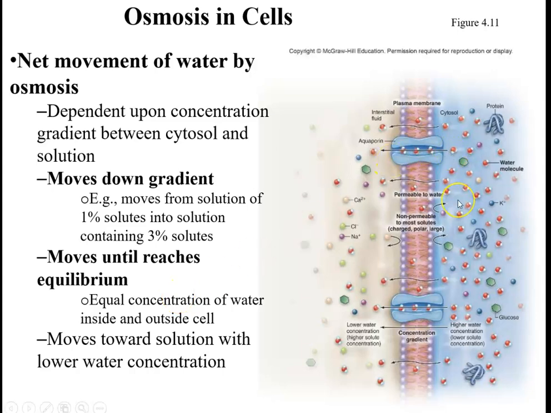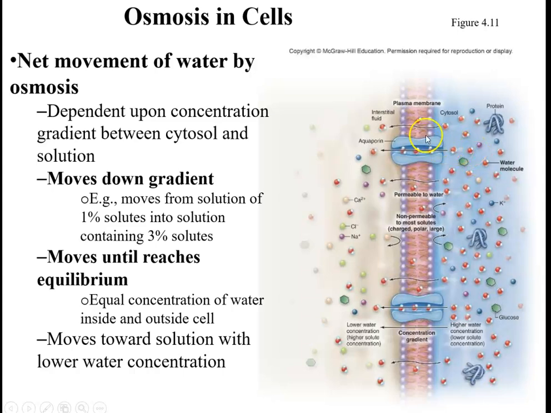So on this graphic here, you can see lots of water on the right side of the plasma membrane compared to the left side, which does not have as many water molecules. So water is going to want to move from right to left here, or from the cytosol out to the interstitial fluid.